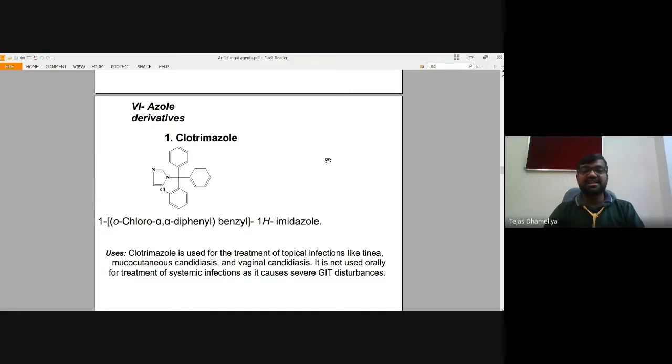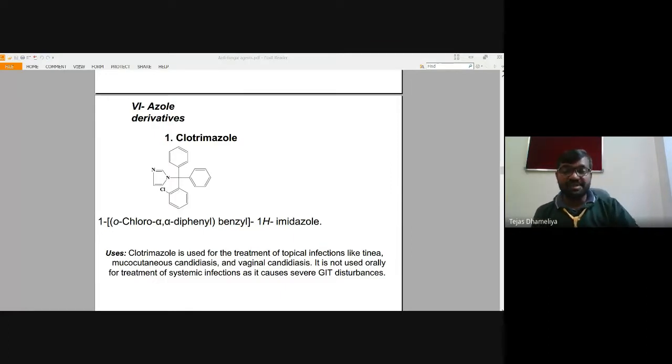Under the synthetic class of antifungal agents, one more class is azole derivatives. Basically, azole stands for a five-membered ring. Clotrimazole is another agent responsible for antifungal activity, and it is present in Candid.